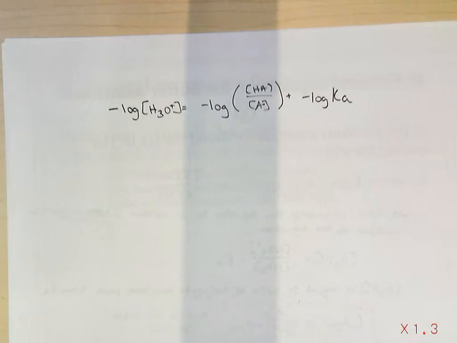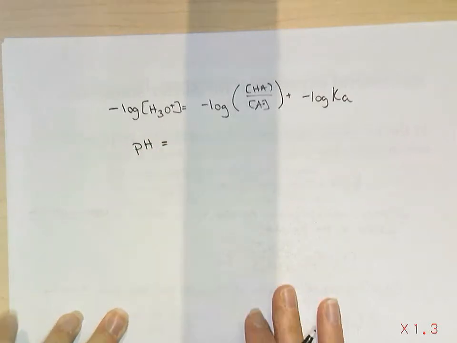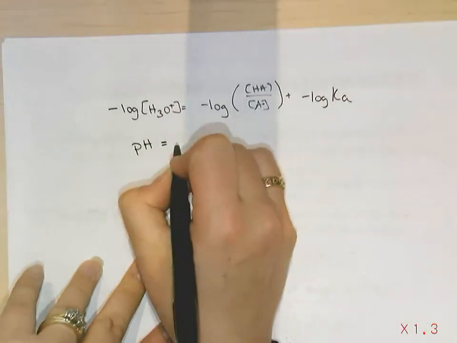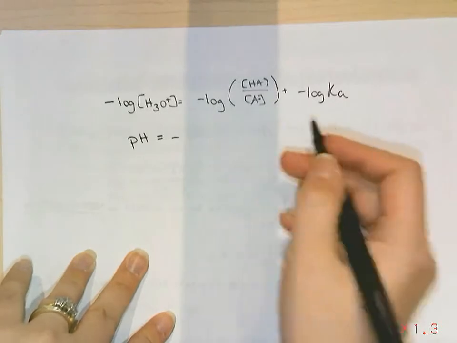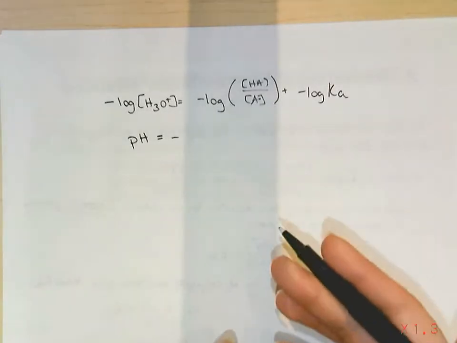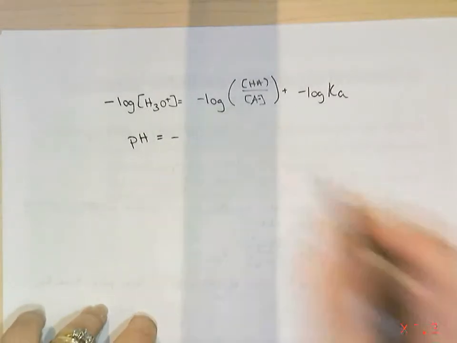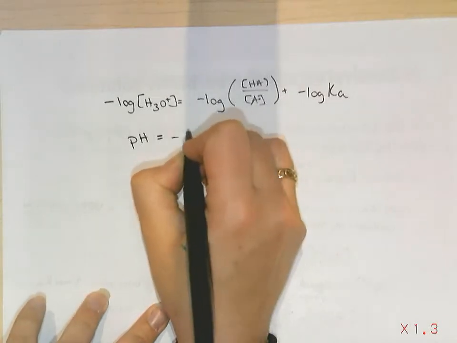So now I have pH. Yes, plus negative log. Because on the previous equation it was a times Ka, which then makes it a plus. Logs are weird. So then we do this.